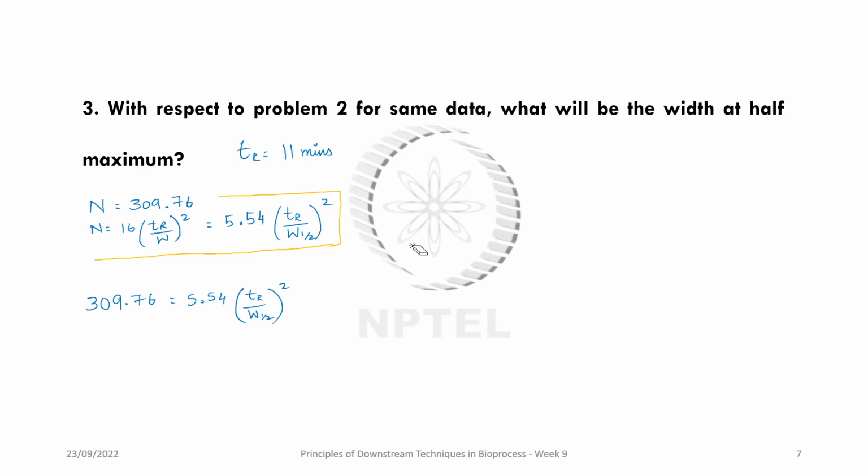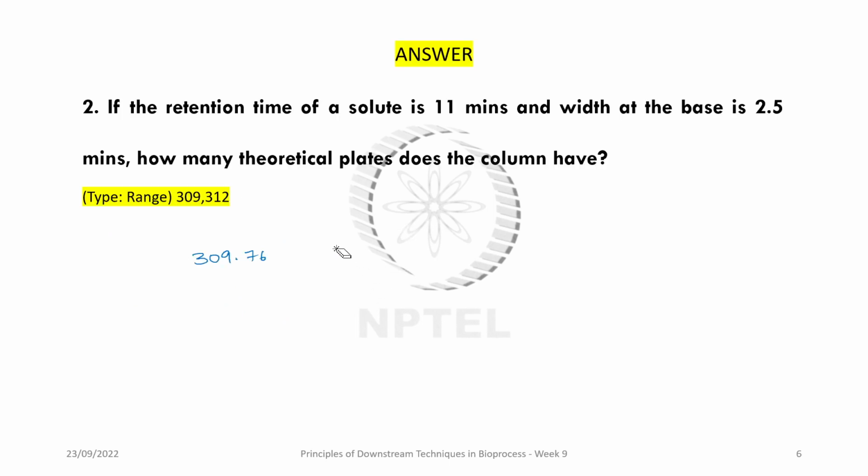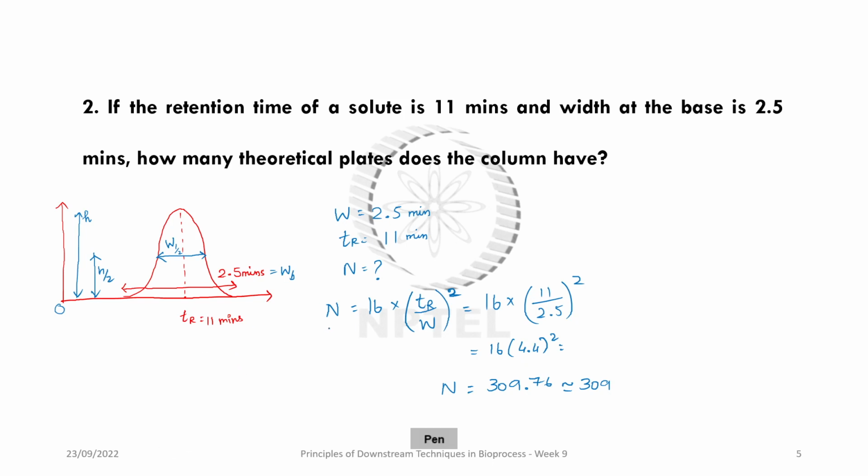These are theoretical equivalent plates, or height equivalent of theoretical plates. So you're assuming a column to be composed of multiple stages. I'm drawing a column horizontally, or you can look at it as a vertical plate where each plate is a stage where some kind of separation occurs. It's moving from one stage to another. So it is given by the relation 16 into TR by W the whole square.